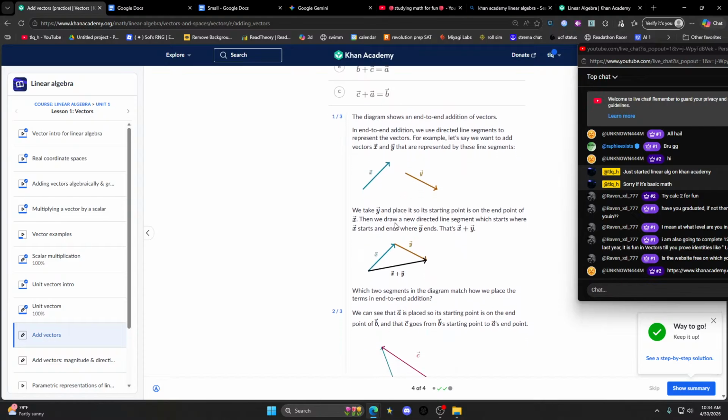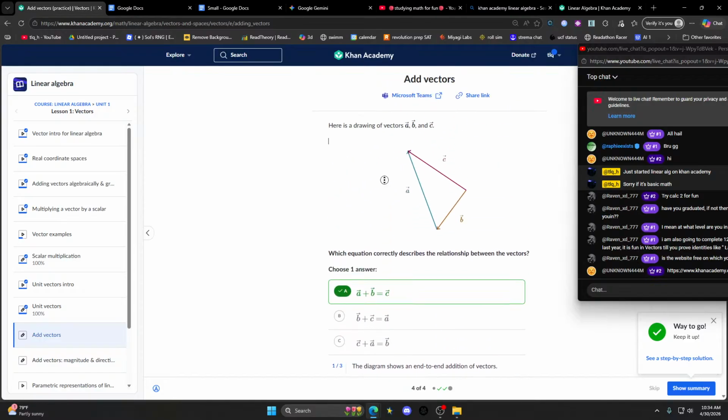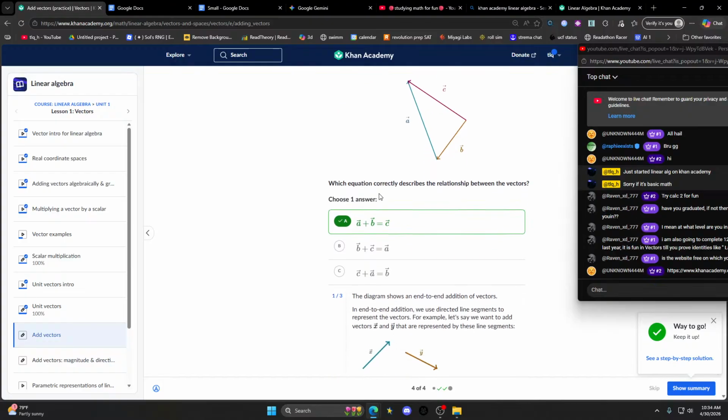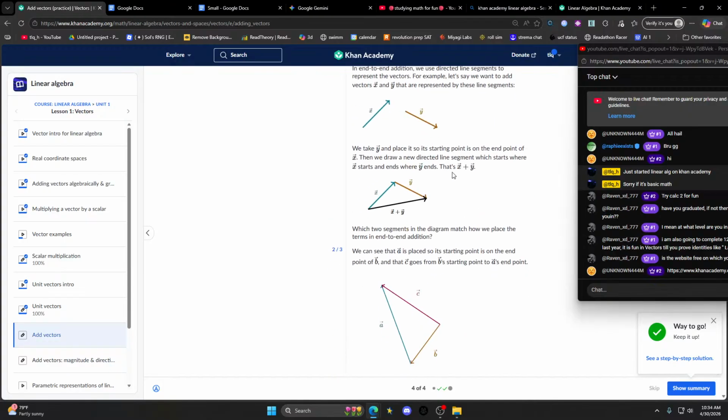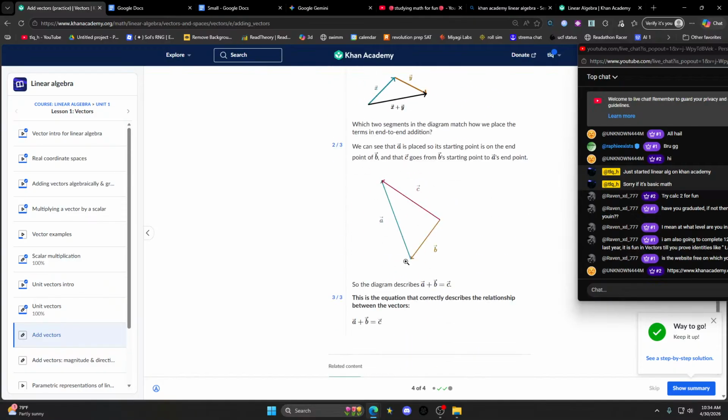Okay, so what is it saying? Let me read this. Okay, so we want to add the basic ones. It's just saying which, okay, and then the big one is both of them combined. I know that. So x plus y, in this case, it'd be c plus b. How is this not c plus b equals a? That does not make sense.